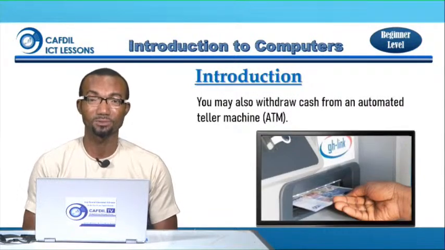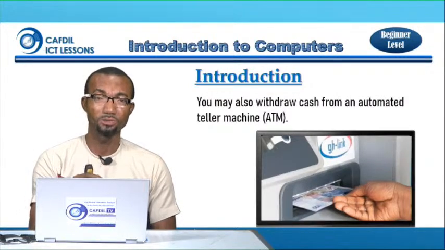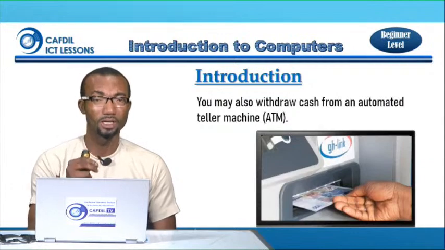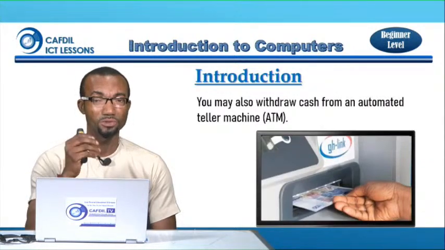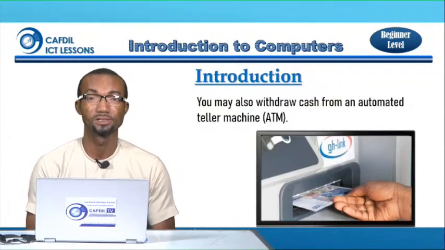That device is what we call an automated teller machine. So during a day, you may use your phone to make a call, listen to music, or use an automated teller machine. But little do we know that we are all using computers.